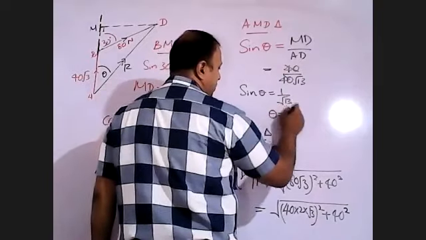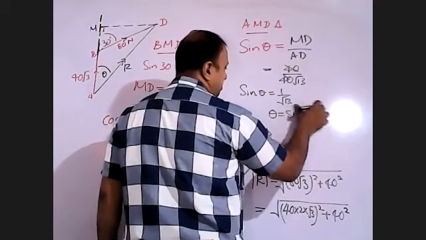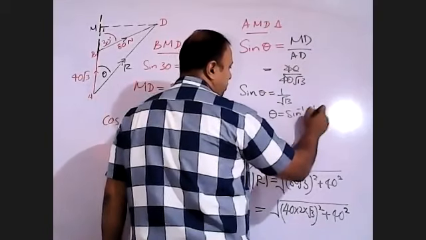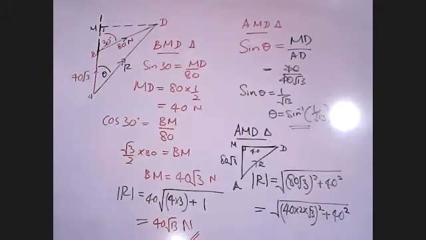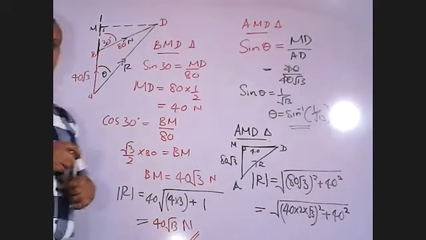So theta is equal to sine inverse of 1 over root 13.